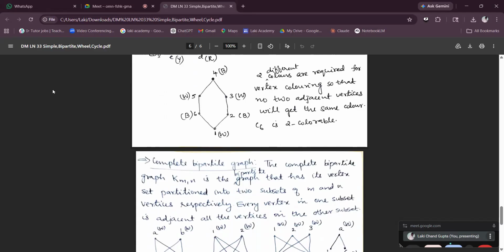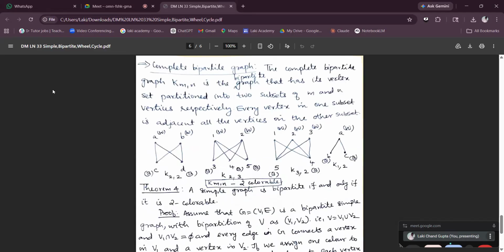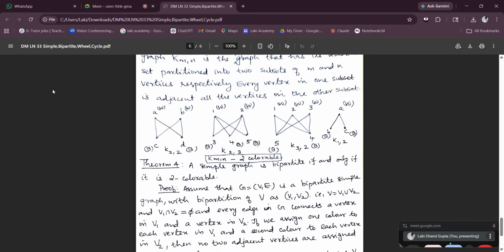Now see this. Coloring of graph. Numbers.